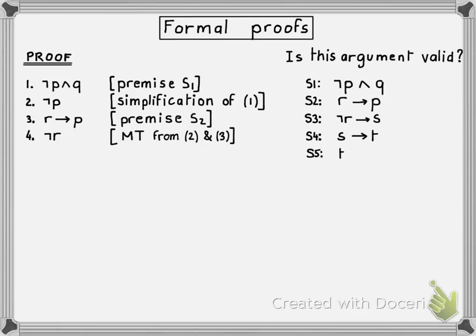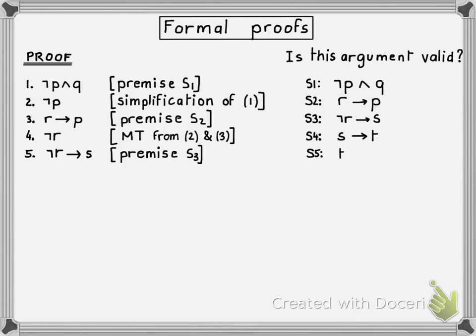Now, as the next step, I've decided to use a new premise. Since we just proved that not R is true, and not R is the hypothesis of S3, I'm going to add S3, or not R implies S, as the next line or true proposition in our proof.